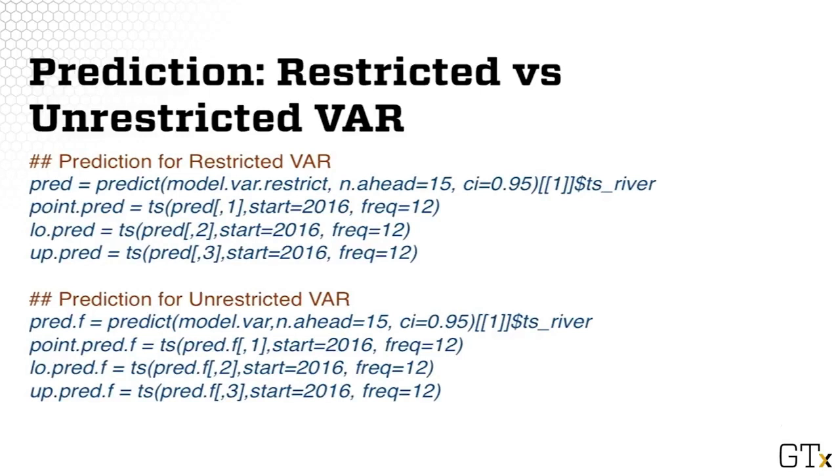Note that predict will provide predictions for each of the 3 time series, but we are only interested in the predictions of the river flow. Also note that the output of the predict R command is a list, and only the first element in the list provides the predictions. The object called pred in this slide provides not only point predictions or forecasts, but also the prediction intervals for the predictions.